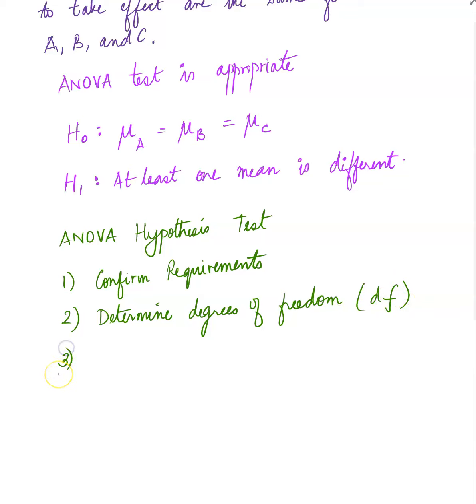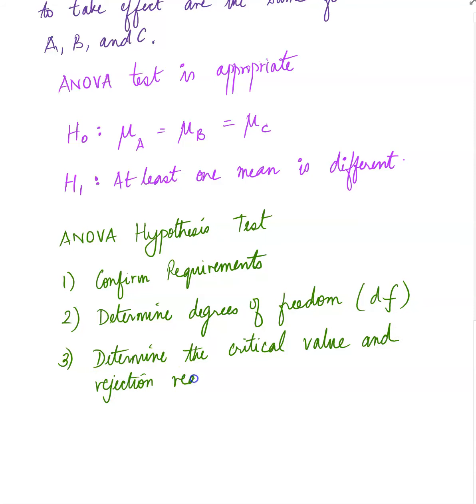Then it kind of follows things we know. Step 3, determine the critical value and rejection region. Step 4 is to compute the test statistic.